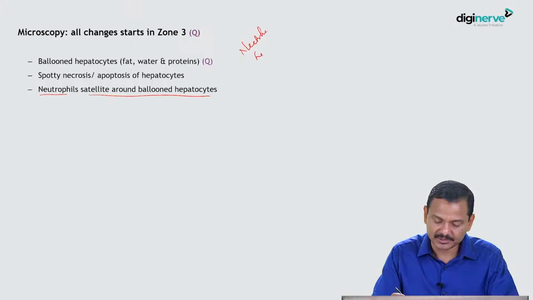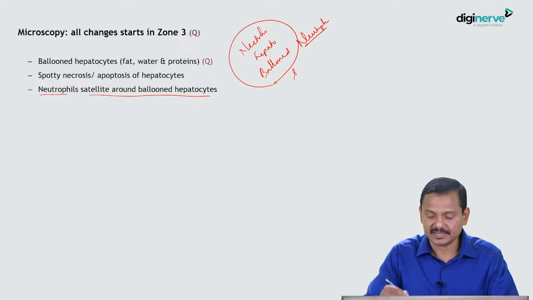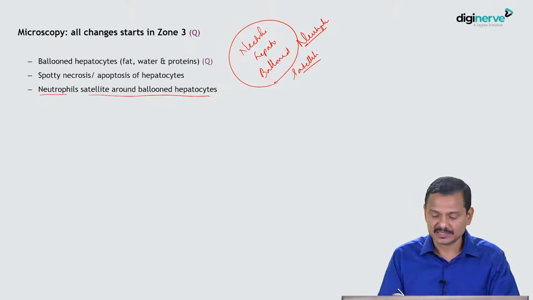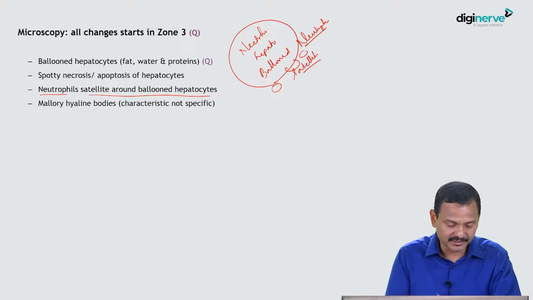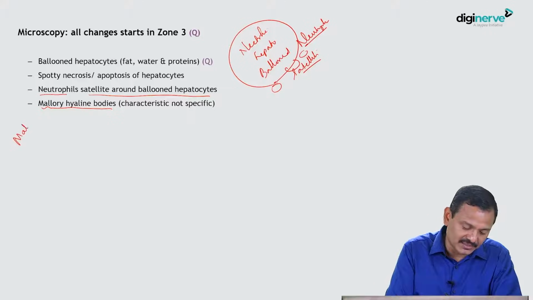So around the necrotic hepatocytes as well as ballooned hepatocytes, you will have neutrophils coming and surrounding them like satellites, so this is called neutrophilic satellitosis. Then you will have Mallory-Hyaline bodies, otherwise called Mallory-Denk bodies.